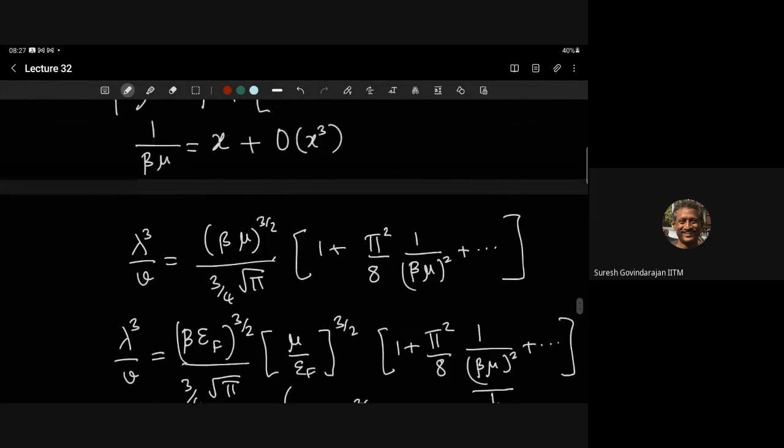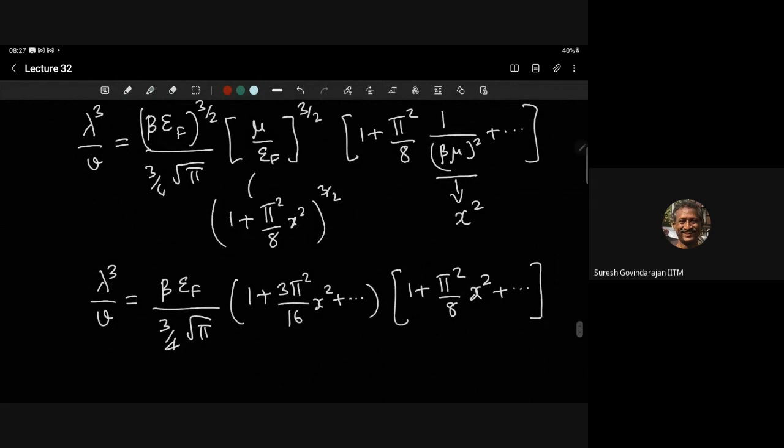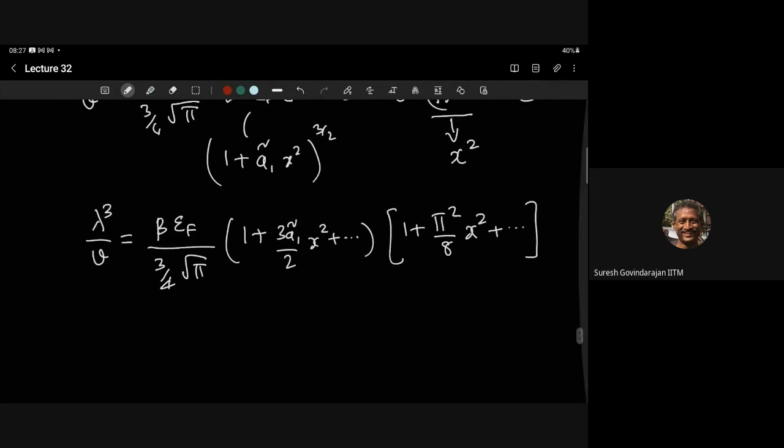We called it A1 tilde. I wrote this. We don't know this term, right? We haven't solved for A1 tilde yet. We need to.